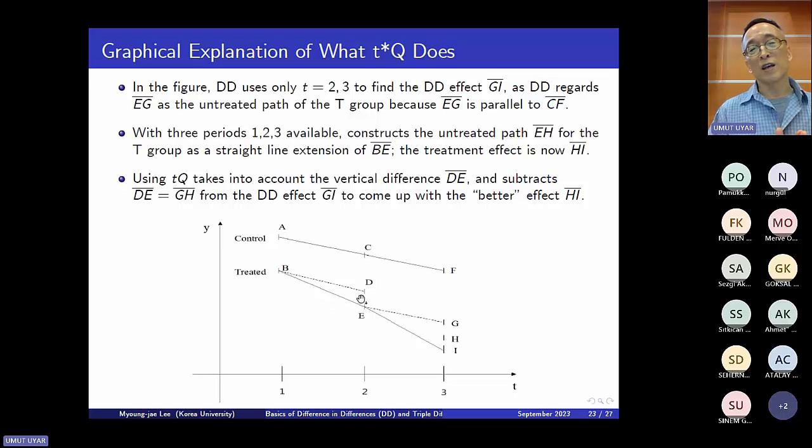So noticing that the common trend fails, but assuming the trend difference can diverge linearly in this way, you take this into account in constructing the counterfactual here. When you take this into account, the actual treatment effect will be the vertical difference from H to I. So this is what T times Q does. This is what relaxing the parallel trends assumption does in finding the true treatment effect.